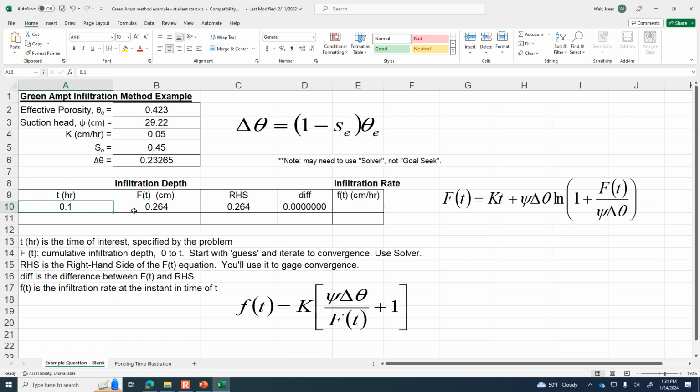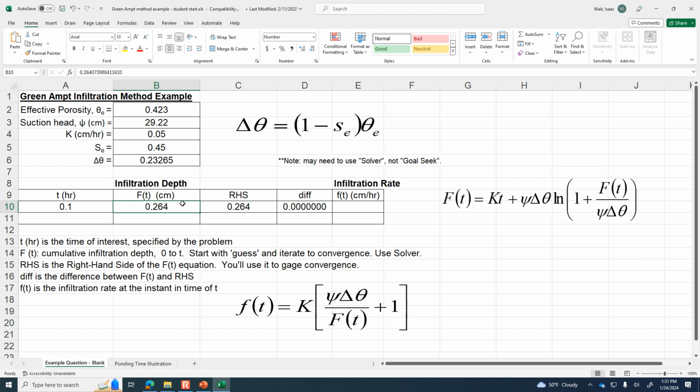Okay, so what this means is if we had this soil and we kept putting water on it, that means it's continuously ponding at the surface. Then after 0.1 hours, that would be 6 minutes, we would have had 0.264 centimeters of water infiltrate.